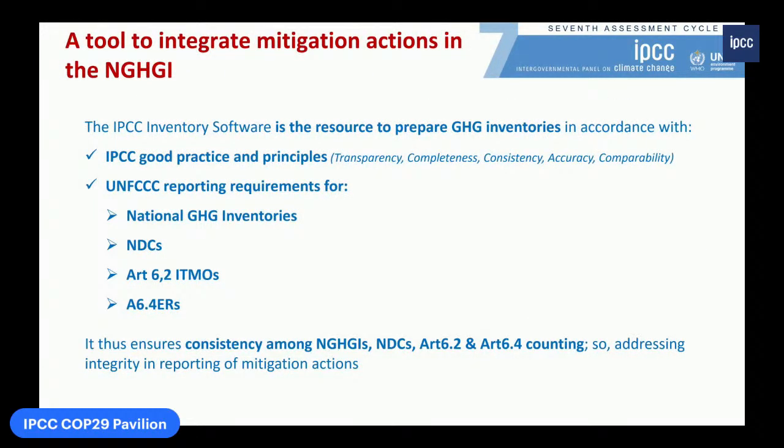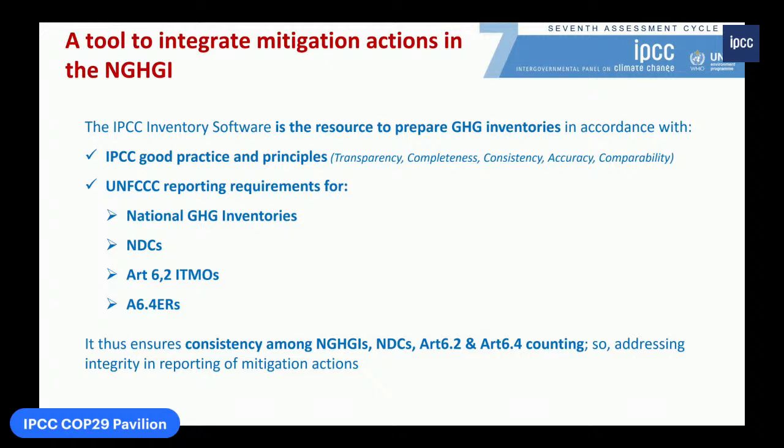Anyhow, let's go here. As I said, the software allows you to estimate anthropogenic emissions for all your needs. And in the software you may have all these elements together. You have the national greenhouse gas inventory, of course, but integrated in it, you may have all your mitigation actions that you designed for the NDC.